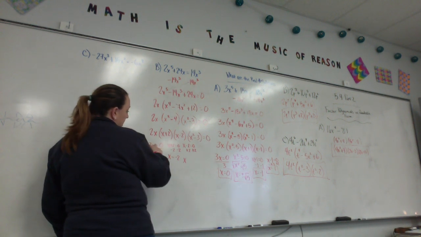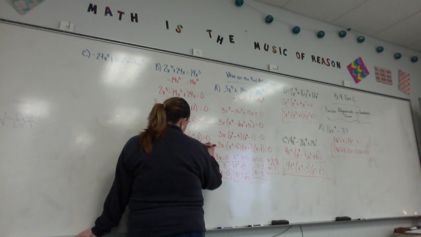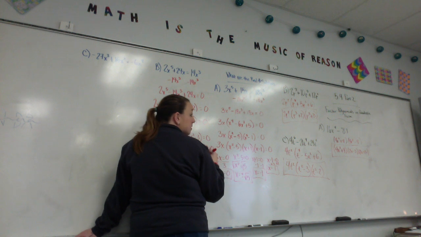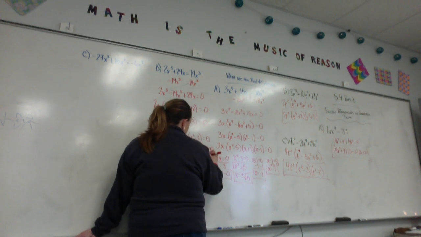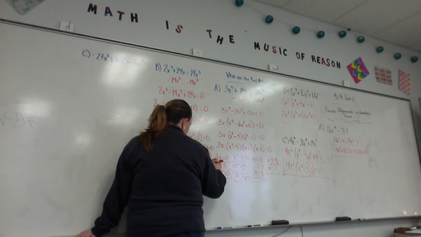Anytime it's just an x and a number, it's always going to equal that. Also, if you have x squared, you're going to get a plus or minus. So x squared equals 3, which means x equals plus or minus radical 3.